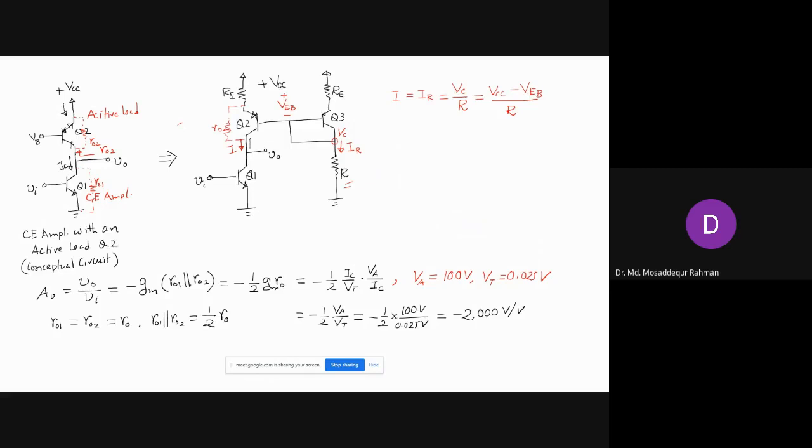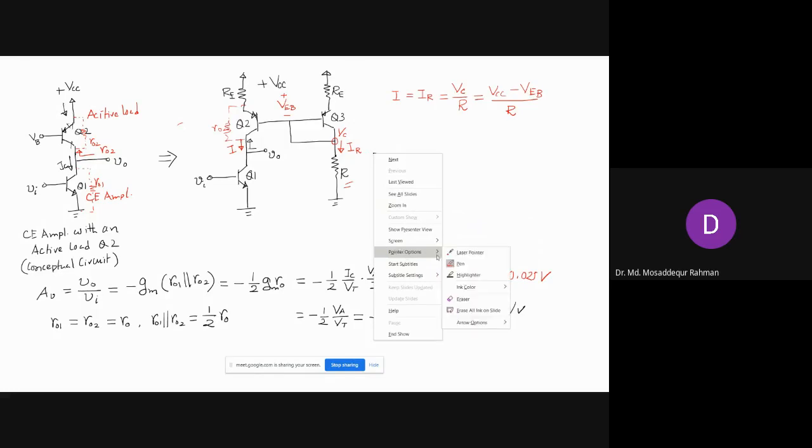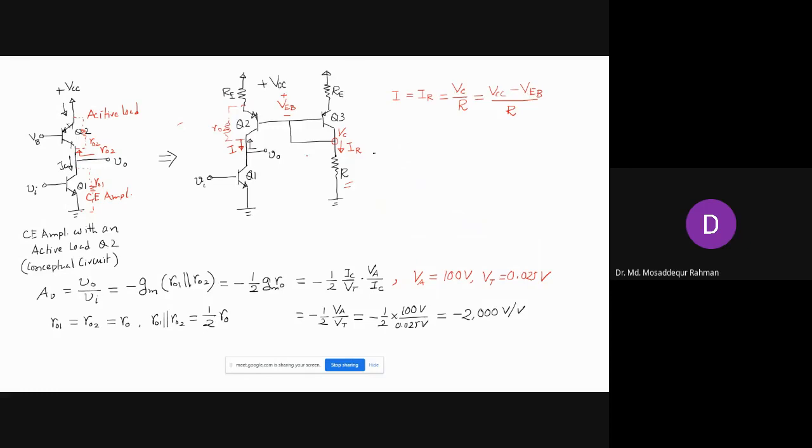In that case, the output resistance that you will see here, let's say this we call R02, and here this is R01.